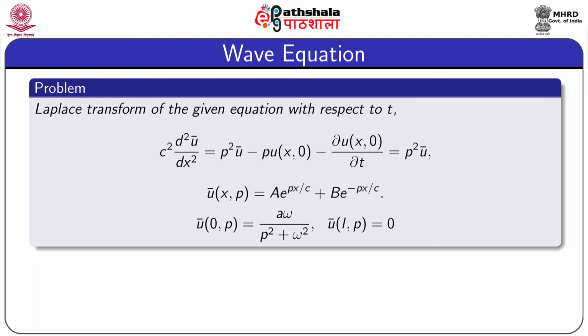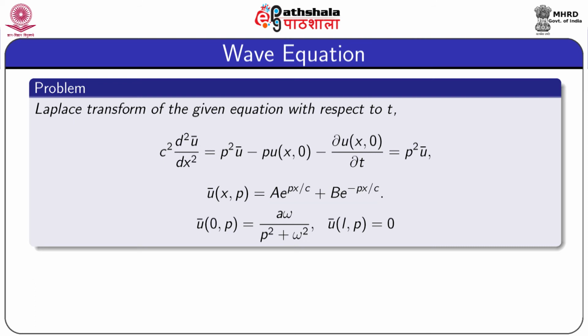The solution of this equation can be obtained easily. So, the value of u bar is equal to A e to the power px by c plus B e to the power minus px by c.